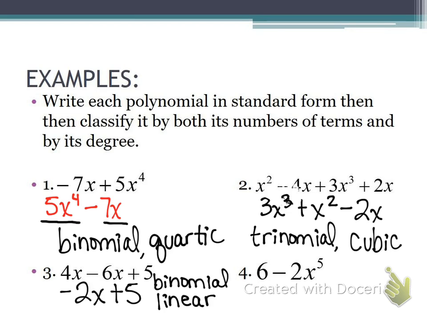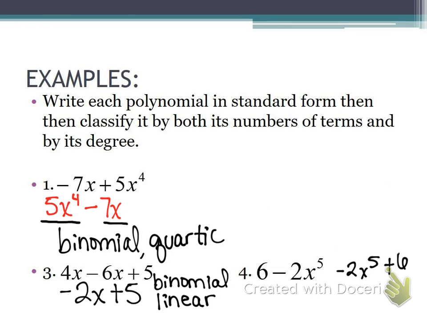On number 4, who can tell me what they got for standard form? Charles? Good. Negative 2x to the 5th plus 6 is our standard form. I'm going to erase the problem above it so I've got a little more space to write.